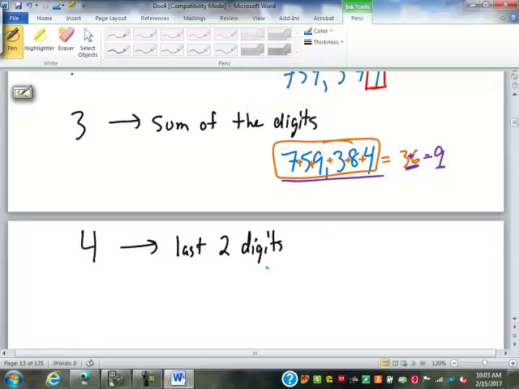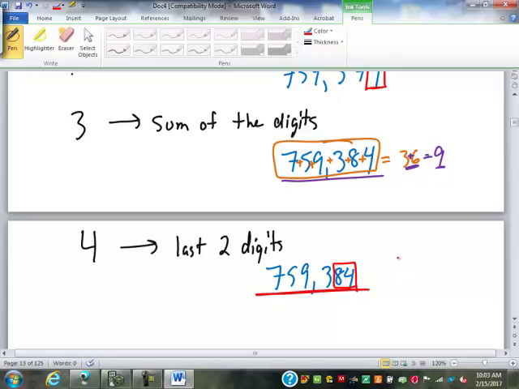So let's stick with my 759,384. So the last 2 digits here is 84. Now I'm not taking each digit separately, I'm taking the 2 digits together. 84. Is 84 divisible by 4? It is. So this whole number is divisible by 4.